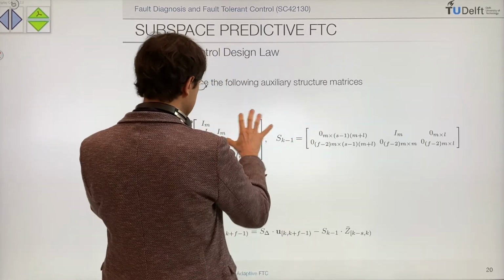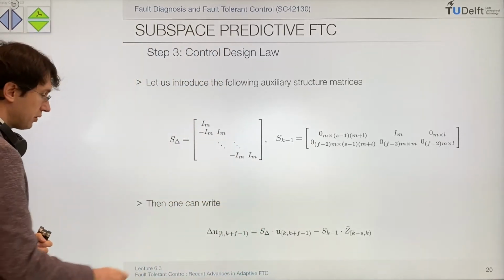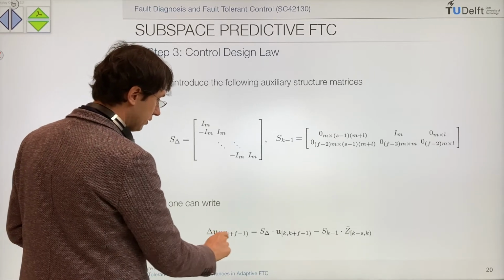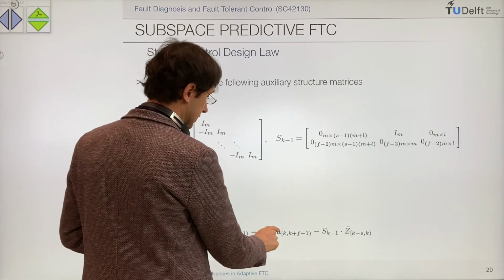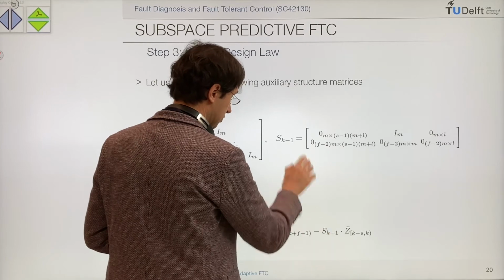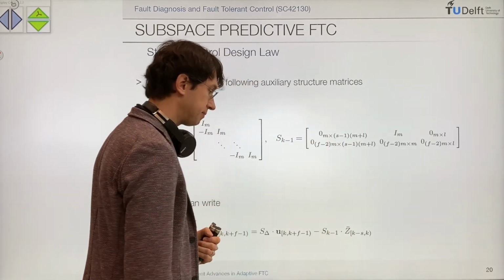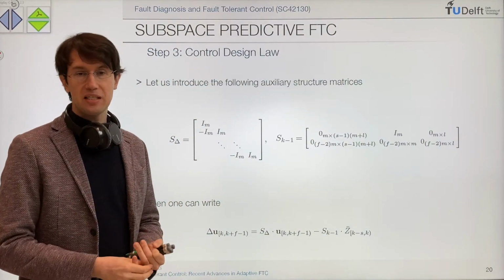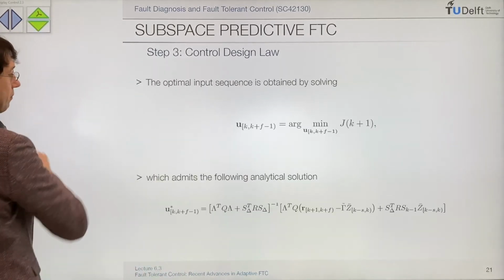So you build these block matrices of 0 and 1s such that you can write the input change in the future, delta U, as this S_delta that multiplies U in the future minus this S_{k-1}, this other one, that multiplies the data matrix Z-bar. I mean, this is just some technical trick to write things in a simple form.